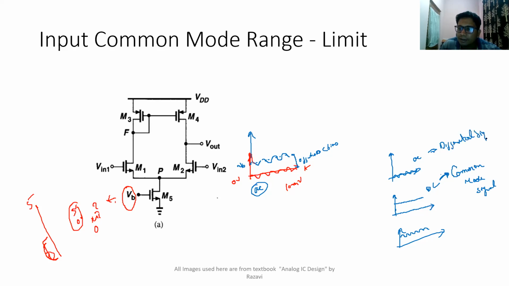Differential signal, if you apply it at 0, will not be amplified. So you need to add some common mode signal to this differential signal. Now the question is, what should be that common mode value? Will it be a single value or a range of values?